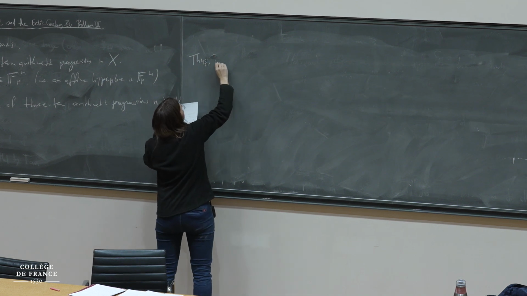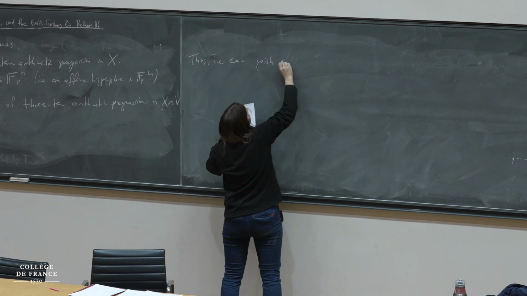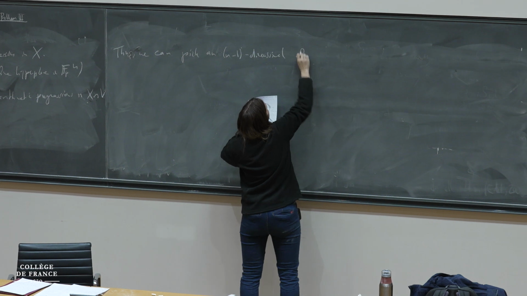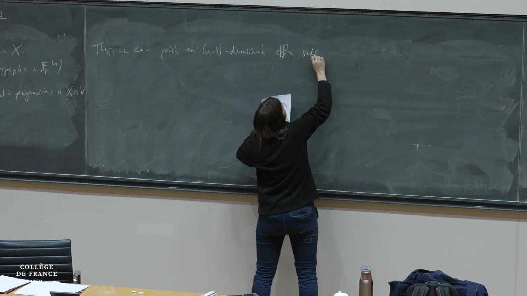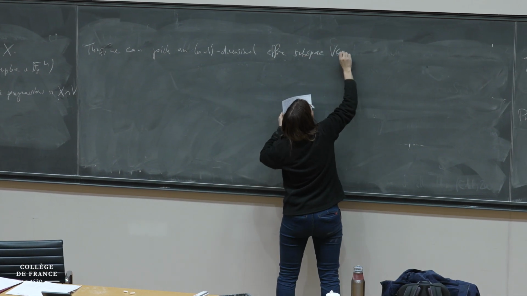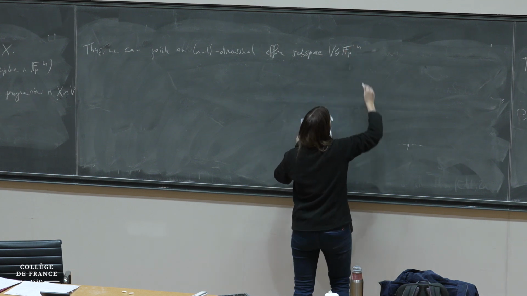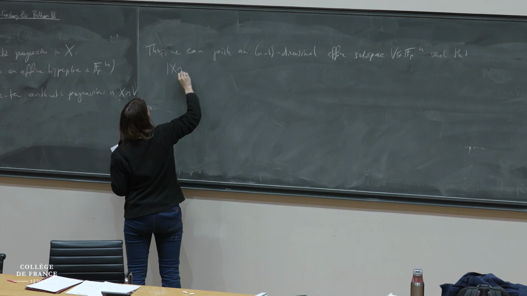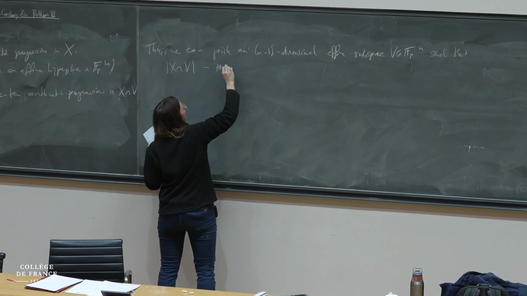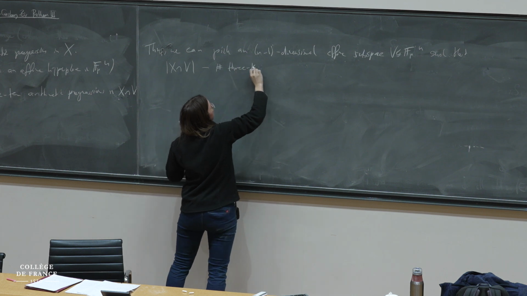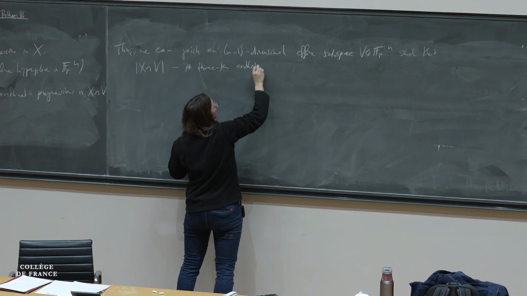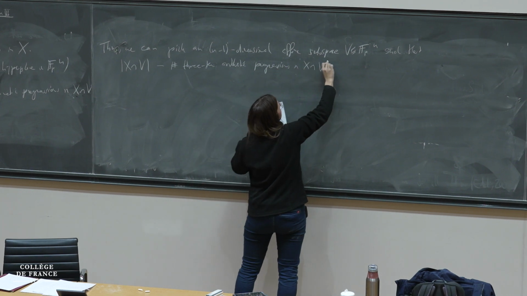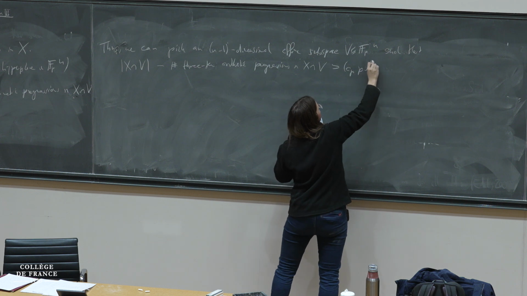Thus, we can pick an n-1 dimensional affine subspace V in Fp to the n such that when we evaluate the size of X intersect V minus the number of three-term progressions in X intersect V, we get more than Cp times p to the n-1.